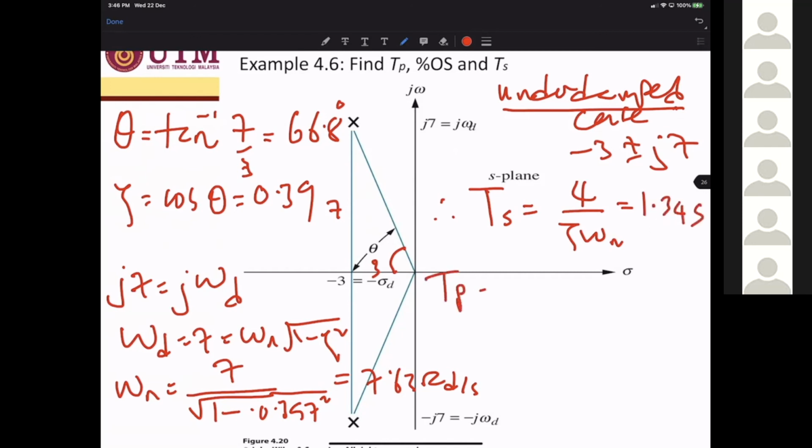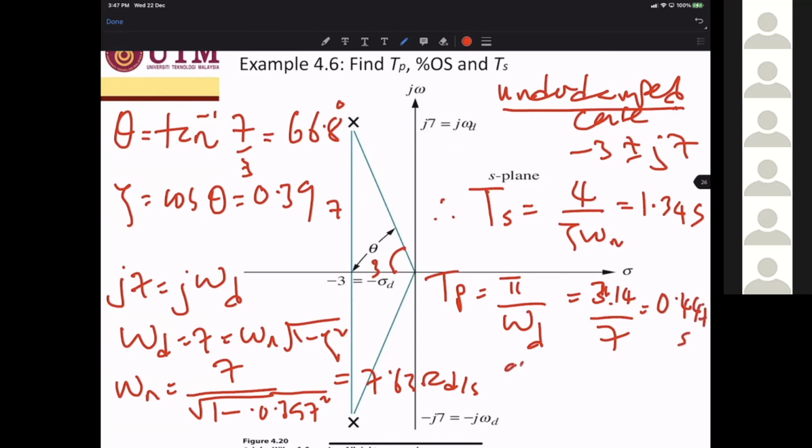Peak time? Syakila. 3.14 divided by 7. 0.447.